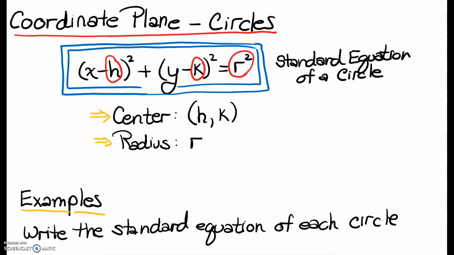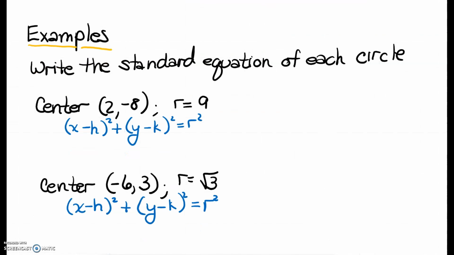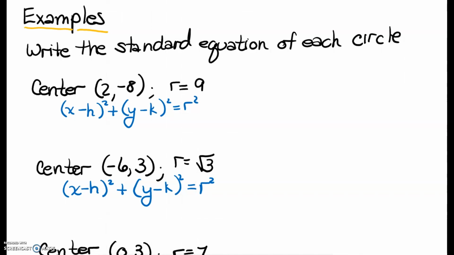So let's go ahead and work through some problems here. It says, write the standard equation of each circle. Underneath the given information, I've written the generic standard form so that we see it in front of us. When we write the standard form of each equation, we should find our h, our k, and our r values and plug them in.